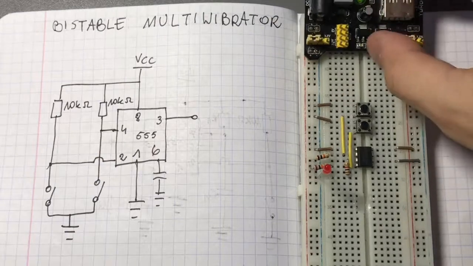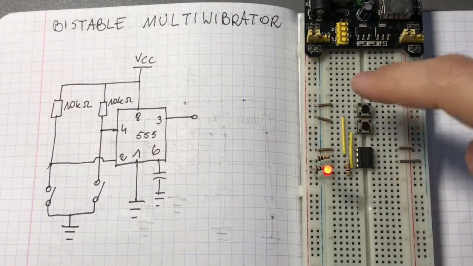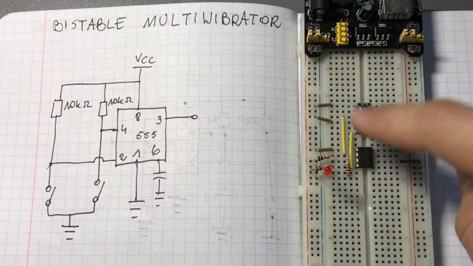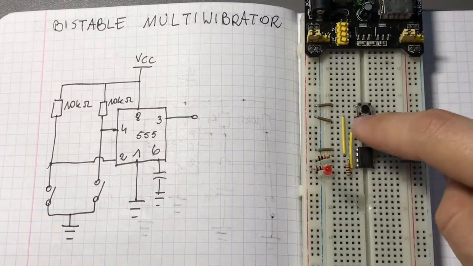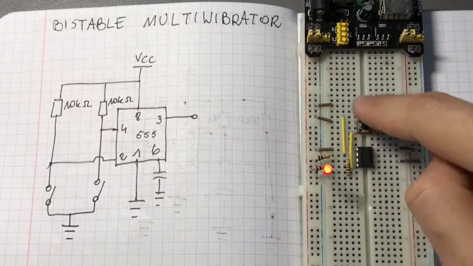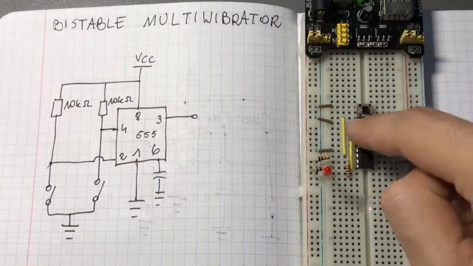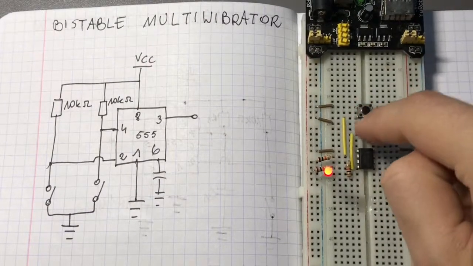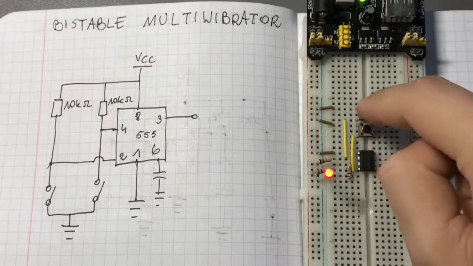So here I have the button that activates it, and here the reset button, and this is working. We are just using the internal flip-flop for doing this. Pretty simple, isn't it?